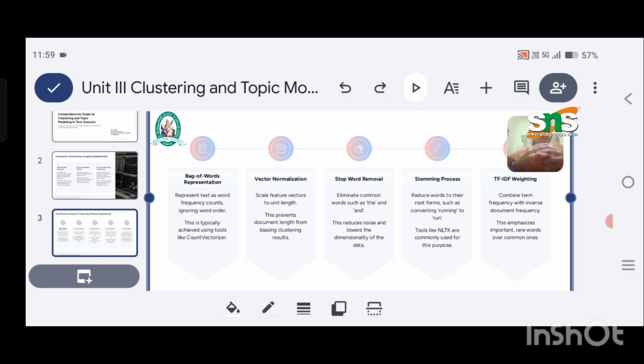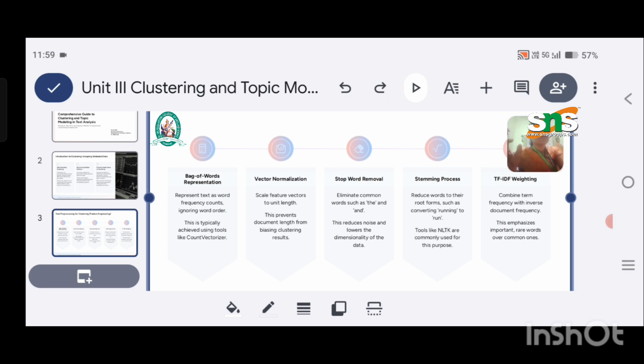The next one is the stemming process. Stemming reduces words to their root forms, so that words can be converted to related similar words.